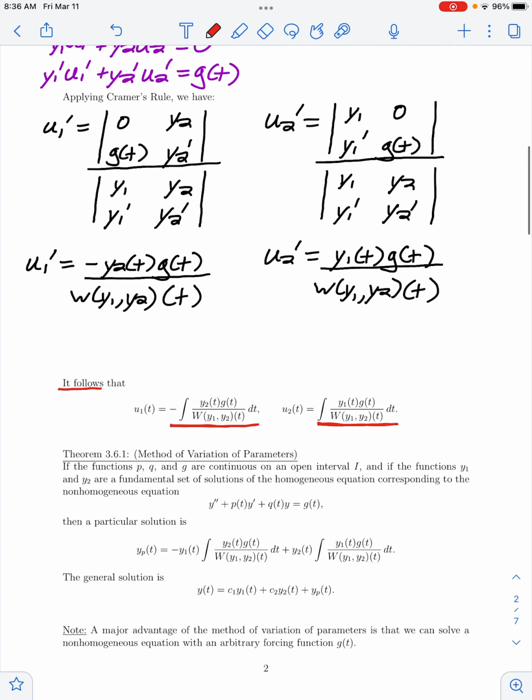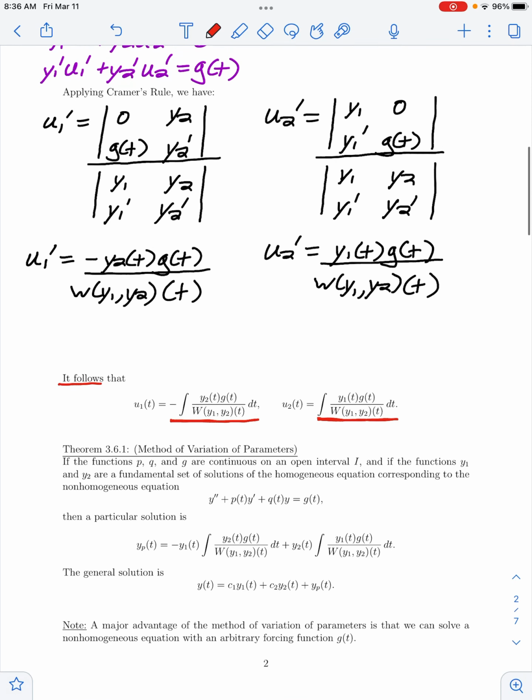So what we have just established is the following result. This is theorem 3.6.1 from your textbook, which is illustrating a method known as the method of variation of parameters.